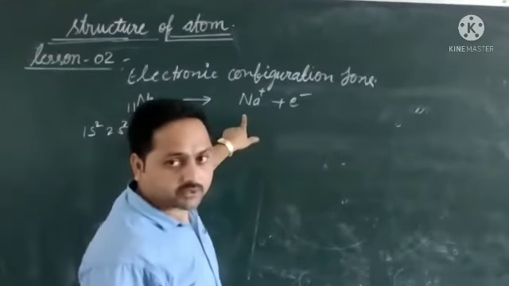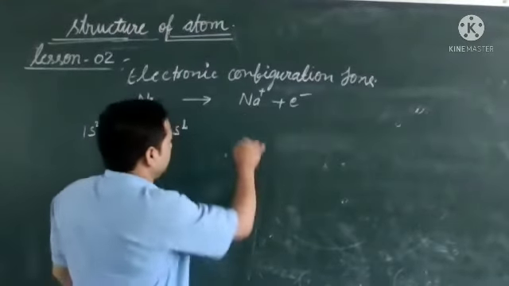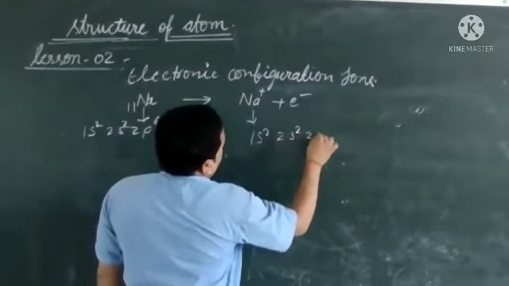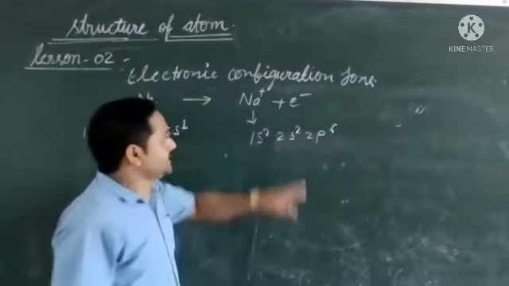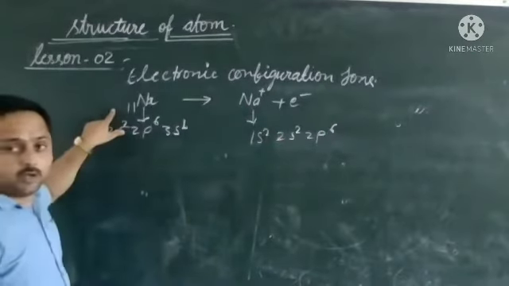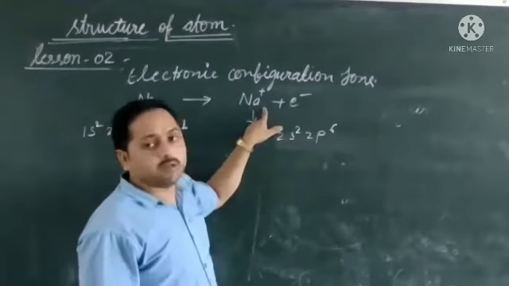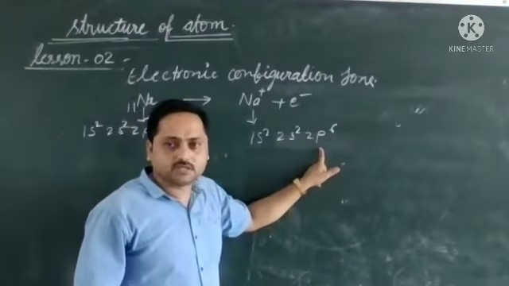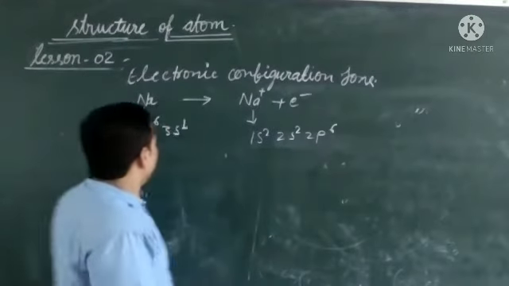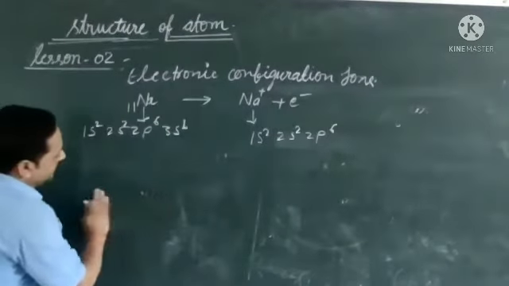So the electronic configuration of the ion is 1s2, 2s2, 2p6, since it has one electron less than the parent atom. Understood this?